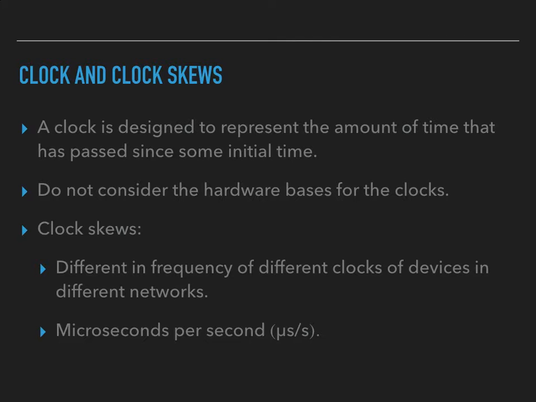Different devices differ in the frequency of their clocks in different networks, and it is measured in microseconds per second. A fingerprinter can use the information within the TCP headers or the ICMP packets to estimate a device's clock skew and create a fingerprint.